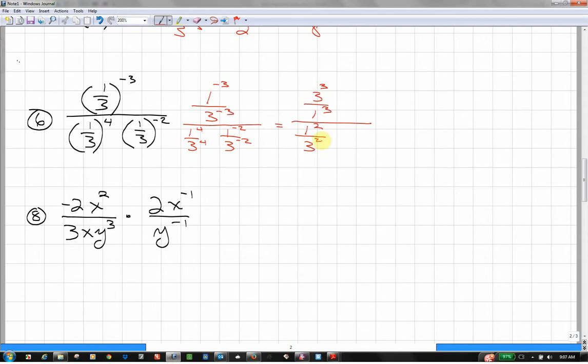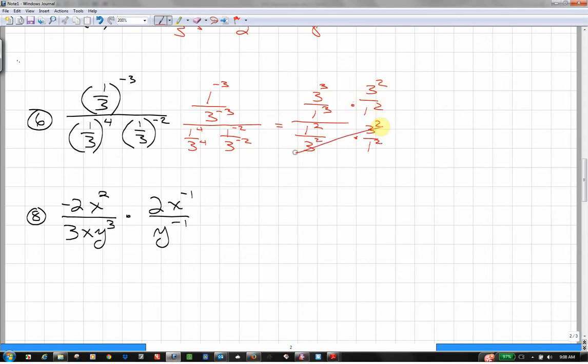Now let me make sure that's right. 3 squared. So now we'll take the numerator times the reciprocal of the denominator. So the top would be times 3 squared all over 1 squared, and the numerator would be 3 squared all over 1 squared.